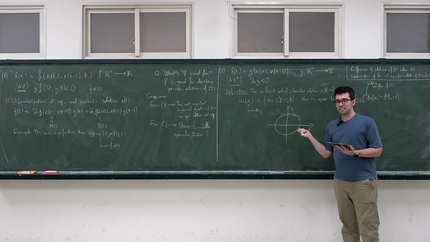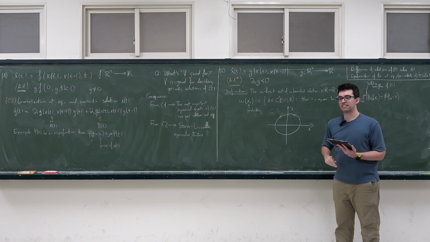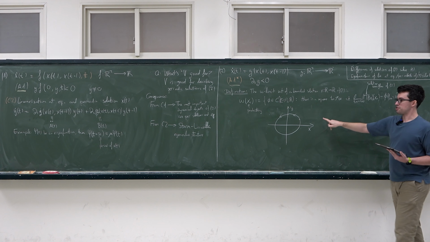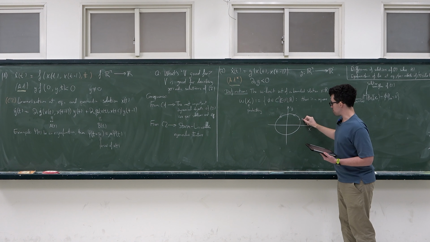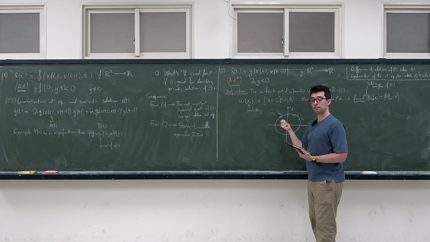So what's the omega limit set? For example, can I accumulate to this point here? Can I find a sequence of times such that I accumulate to this point? Well, I could, if this is x sub 0. Maybe this is x sub 1. Maybe it takes me time 1 to get here.